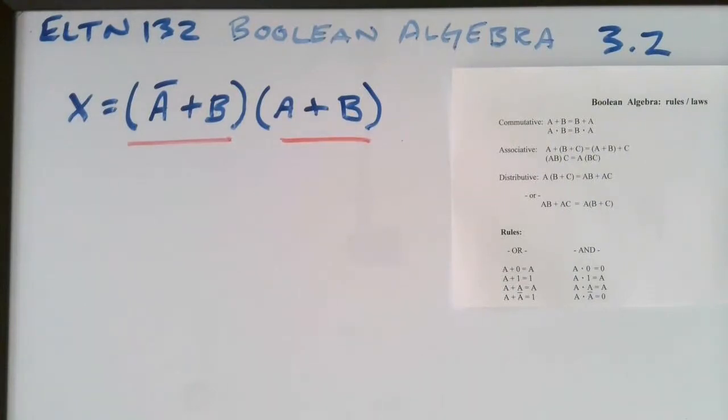And so again, we'll use this FOIL method and multiply these out to find out what we end up with.